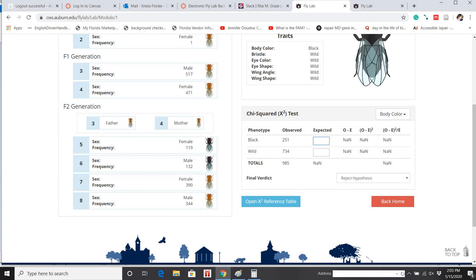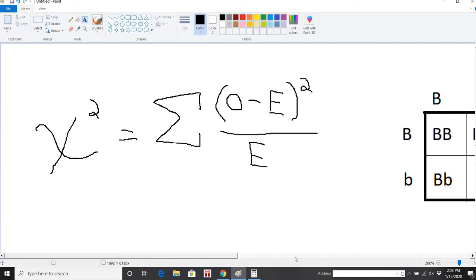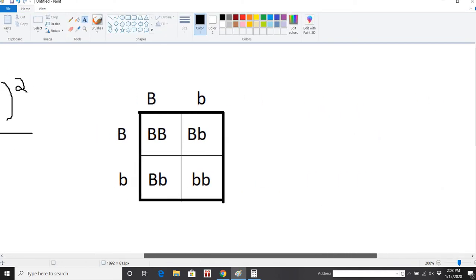Well, you can use a Punnett square. So I've got one pulled up for you right over here. Where did my scroll bar go? Here we go. Okay.